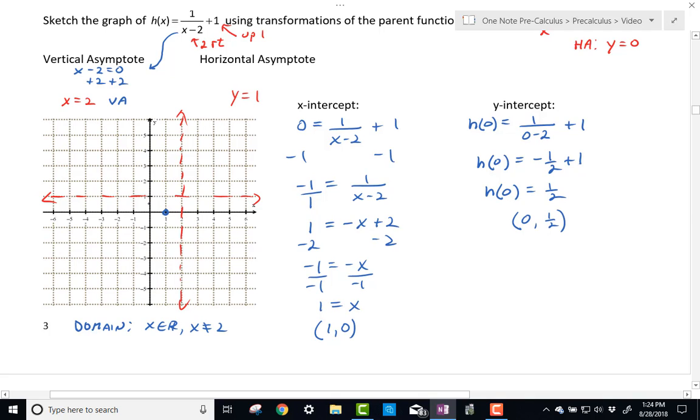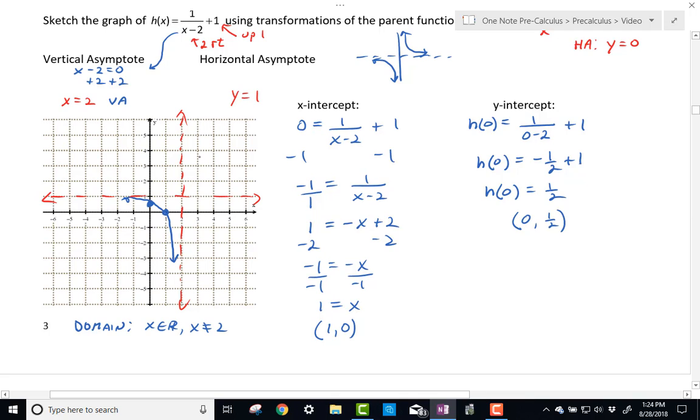All right? Now, if I understand what the parent function looks like, and that the parent function looks like this, then I know that this graph is going to have a curve right down here on the lower left, just like that.